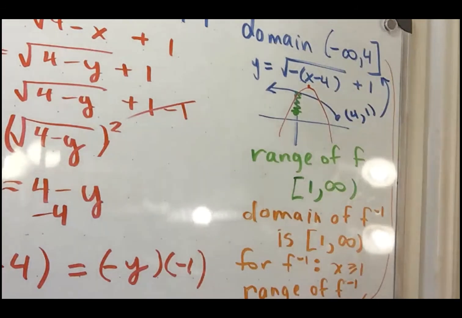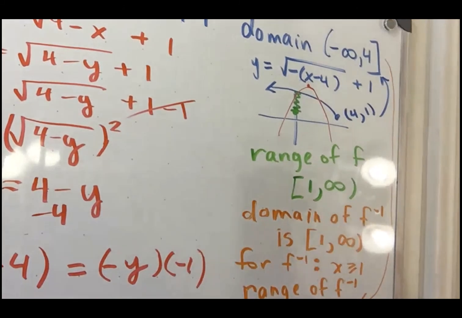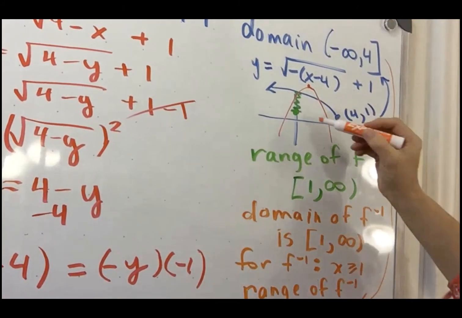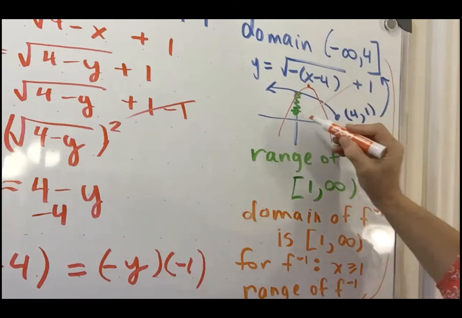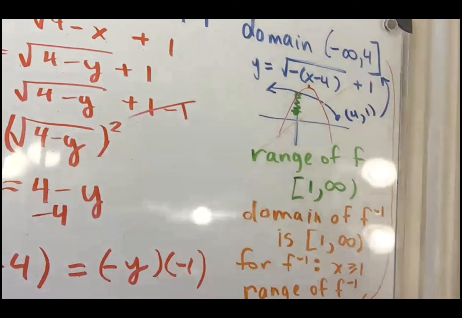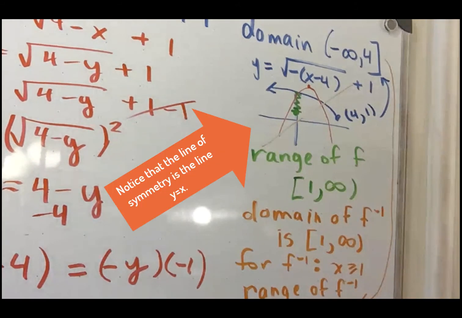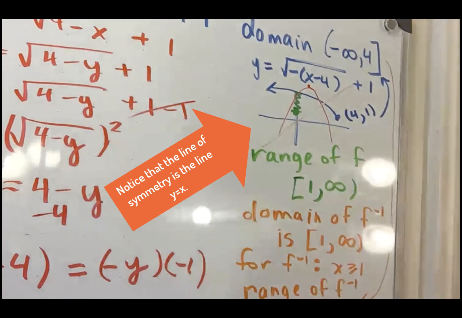I know that the line y equals x should be a mirror image for my function and its inverse. And they both need to be one-to-one functions.